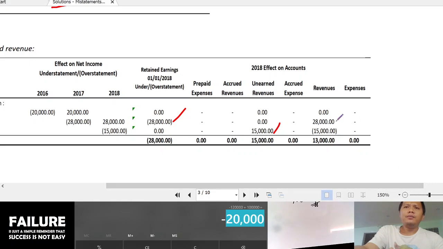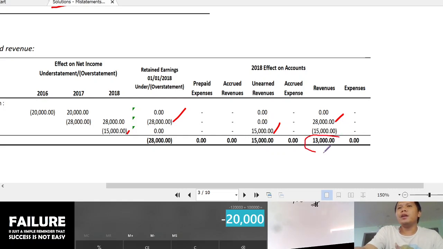At the same time, nagsobra yung revenue mo pertaining to that 2017 error, kasi dapat understated pala yung revenue mo pertaining to 2018, kasi it was recognized in 2017 pero dapat 2018. At the same time, in 2018, dapat may unearned revenue ka na 15, pero ni-recognize mo siya as revenue, so sobra.